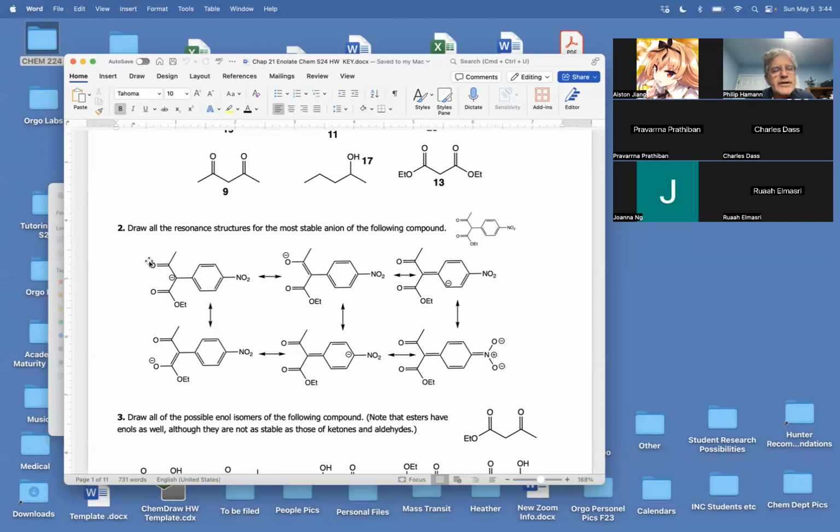So I have written this acetyl group here with the oxygen here and the carbon here. You can rotate that and put it the other way around, in which case the oxygen anion is here and the methyl group's here, and that's a different resonance structure. But you can't have them both existing at the same time. Once you have this resonance, you can't switch these two because it's got double bond character.